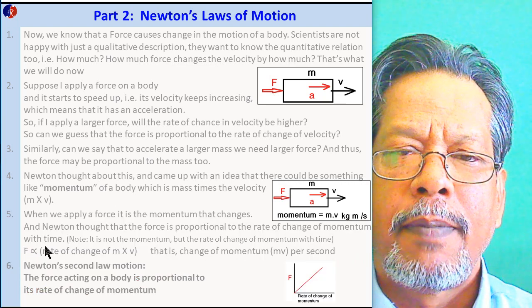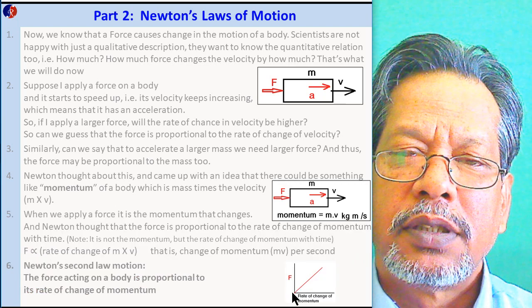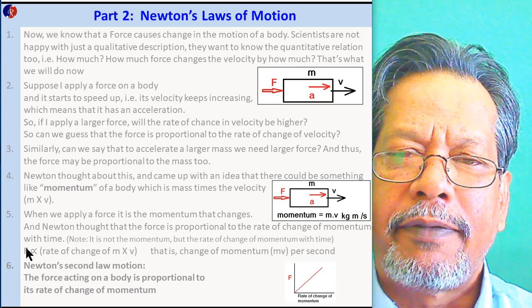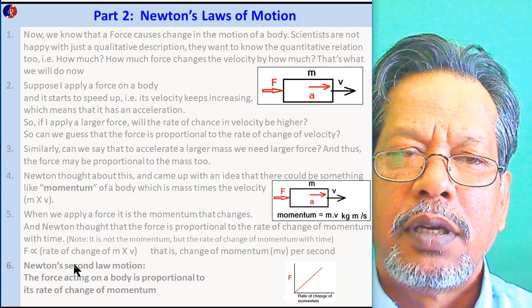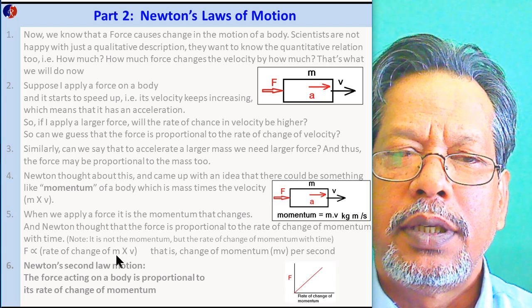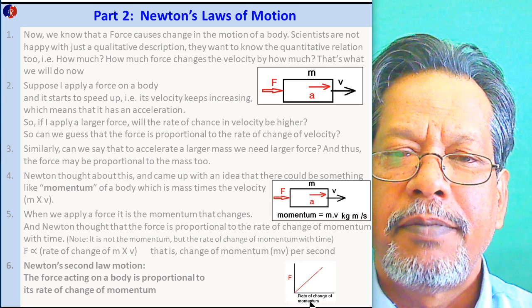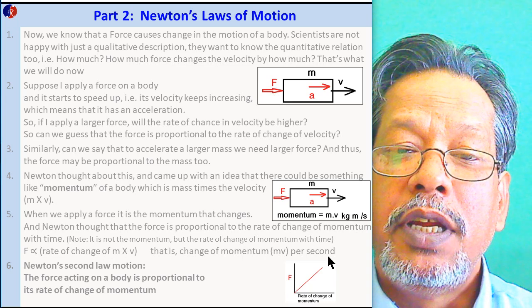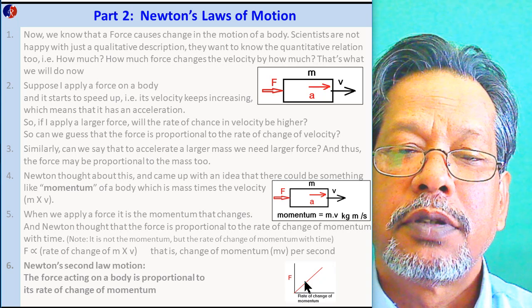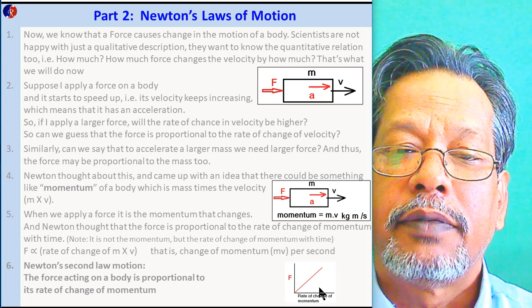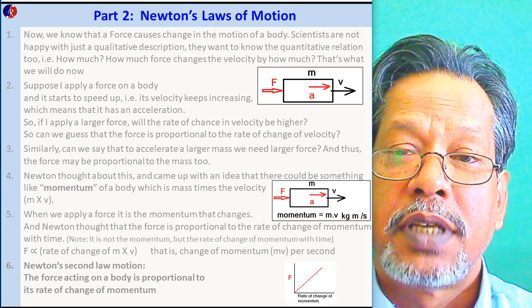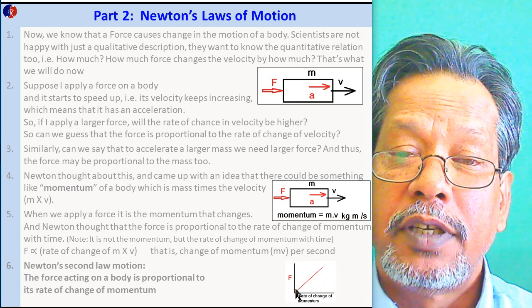What does proportional mean? Proportional means if I plot this quantity, F, on one side, and on the other side the rate of change of mv, momentum, there is a linear relationship. If this doubles, that doubles. If that triples, that triples. Linear, okay?